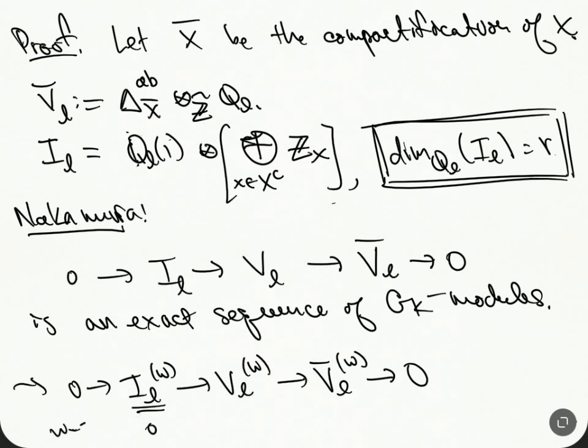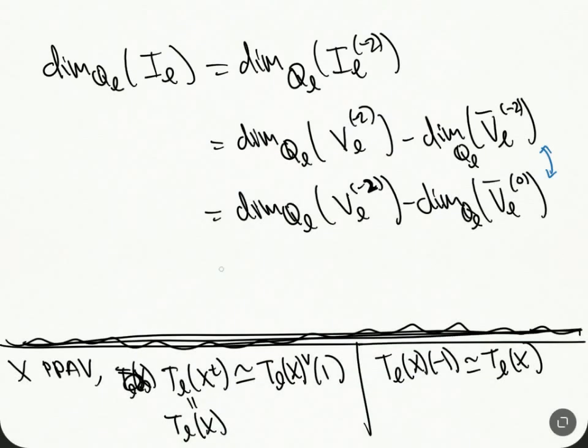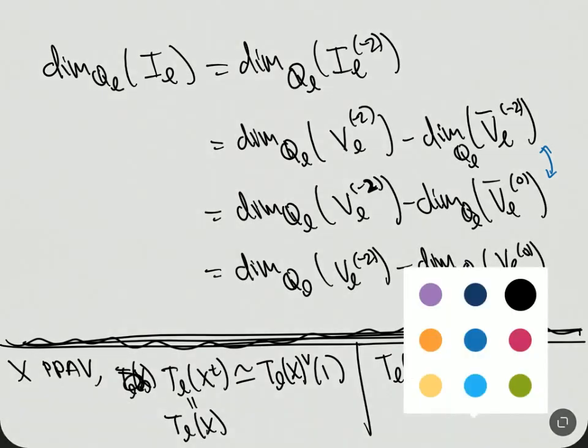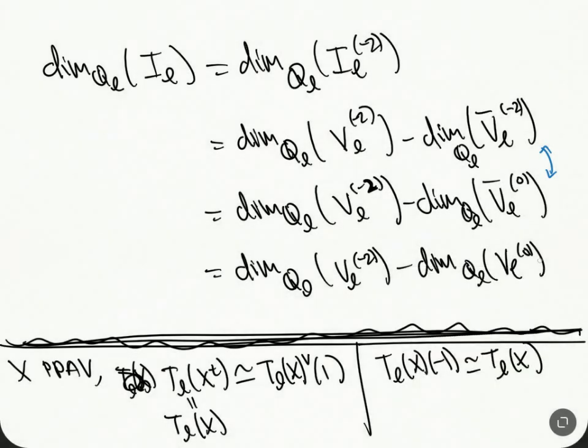So when W is equal to 0, this is going to be 0, and then we get an isomorphism here. So this is the dimension of Q_l V_l(-2) minus the dimension of Q_l V_l(0). Okay, and so this gives us our expression that we want.